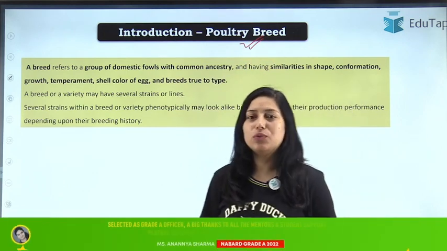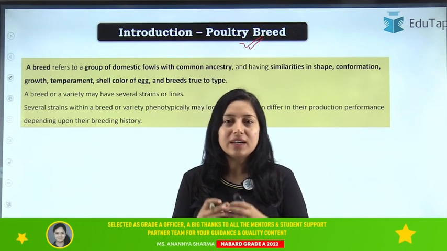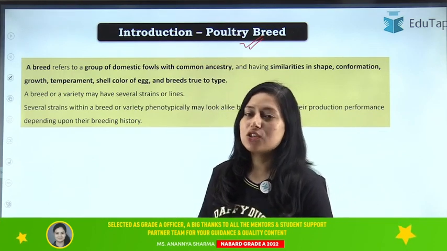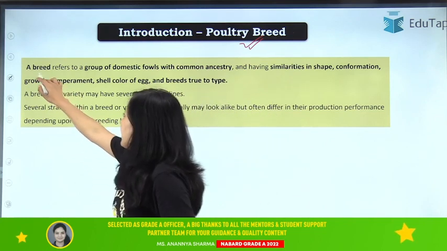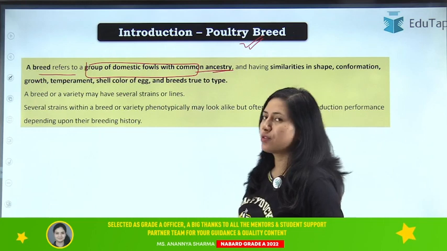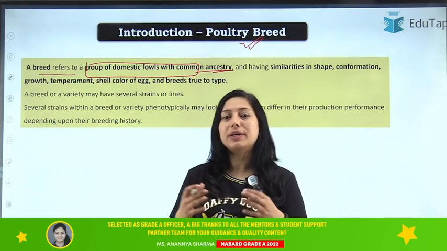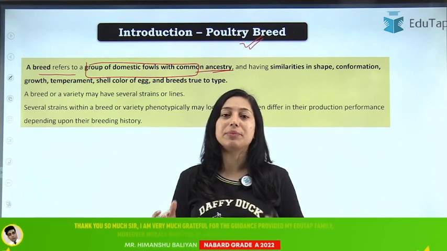First of all, let me tell you, when we refer to a group of fowl as a breed, basically a breed refers to a group of domestic fowl with common ancestry. So when a group of fowl have a common ancestry, they are referred to as a particular breed. They belong to one breed.